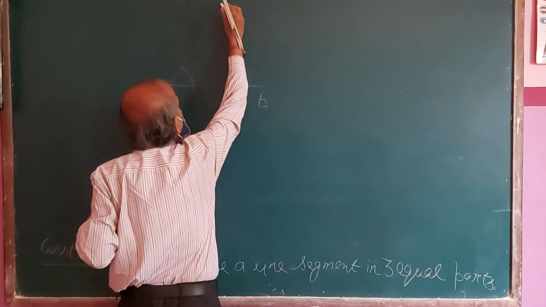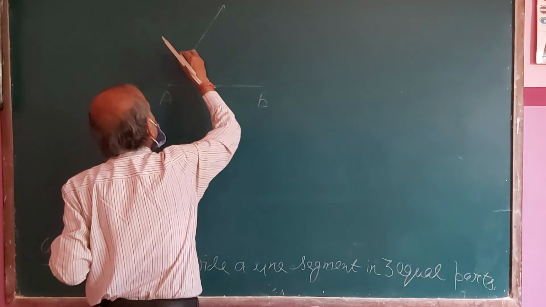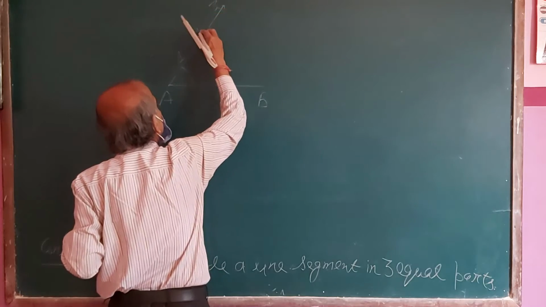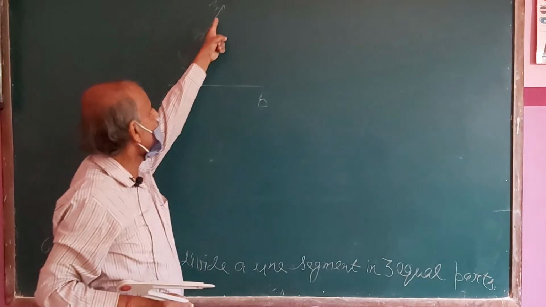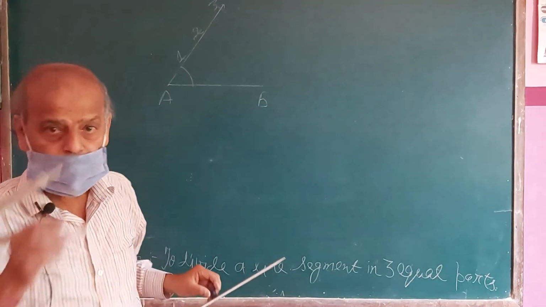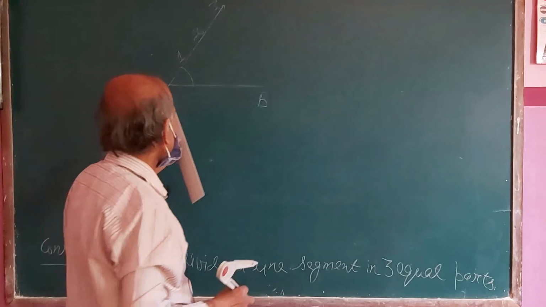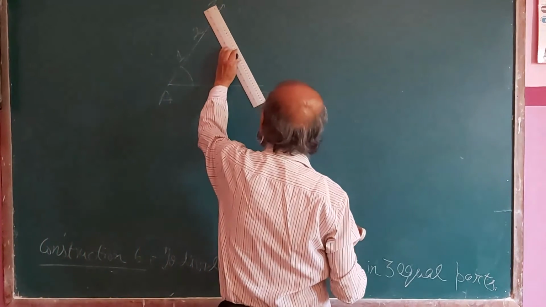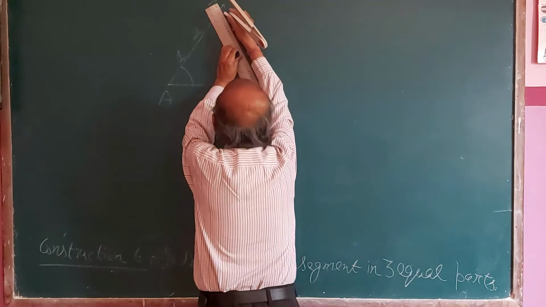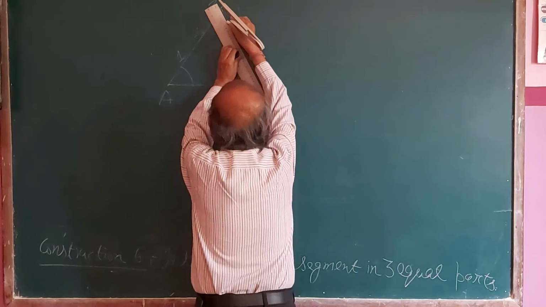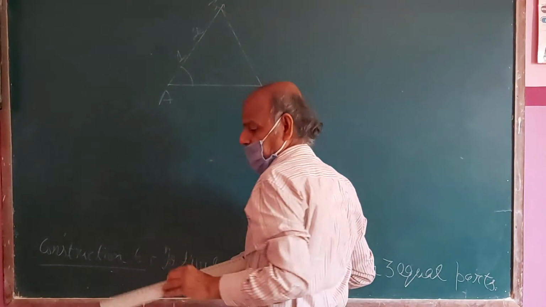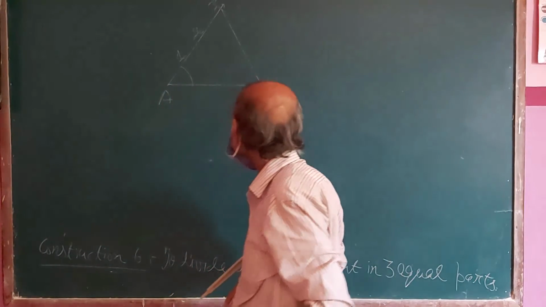Now join this last point 3 and B. Next step, you have to join 3 and B. Do it. Better you follow me. 3 and B.